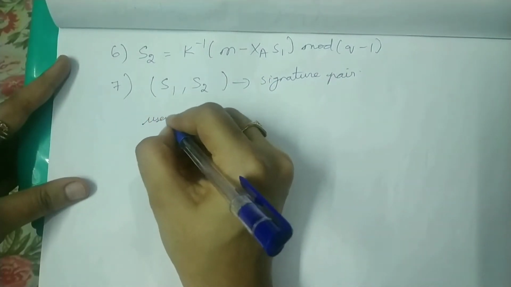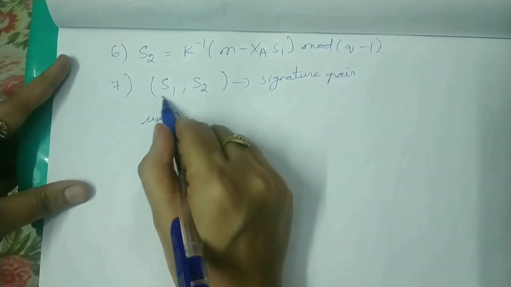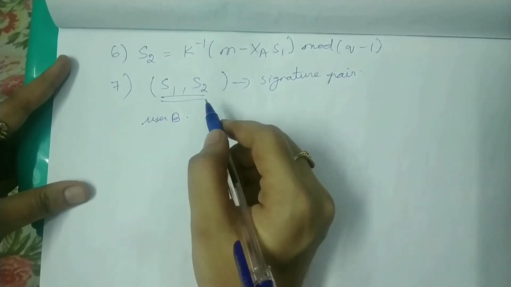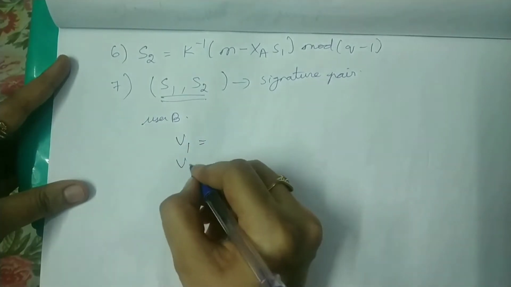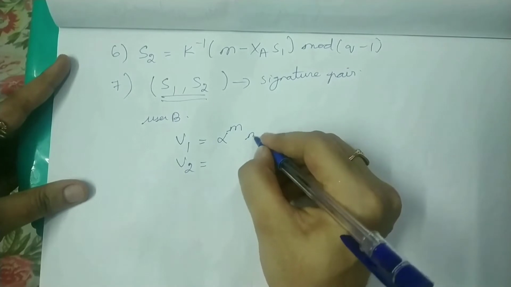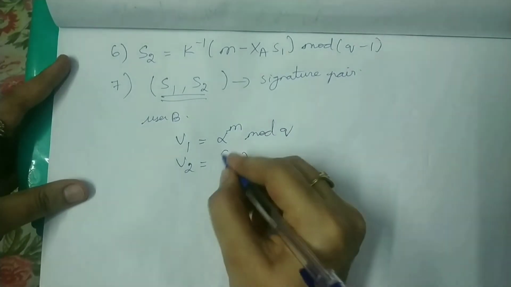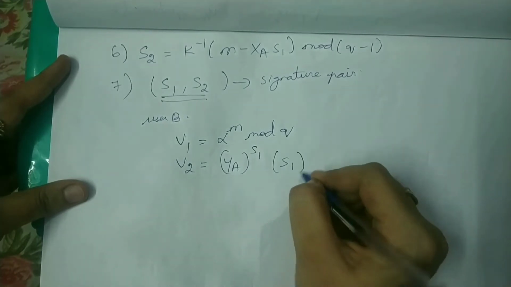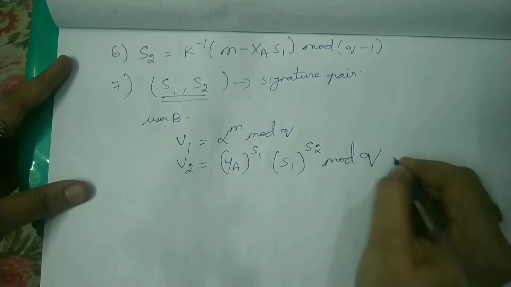Now, user B wants to verify whether this signature pair is valid or not. For that there are two formulas. One is V1's formula, one is V2's formula. V1's formula is alpha to the power m mod q. V2's formula is YA to the power S1, S1 to the power S2 mod q.